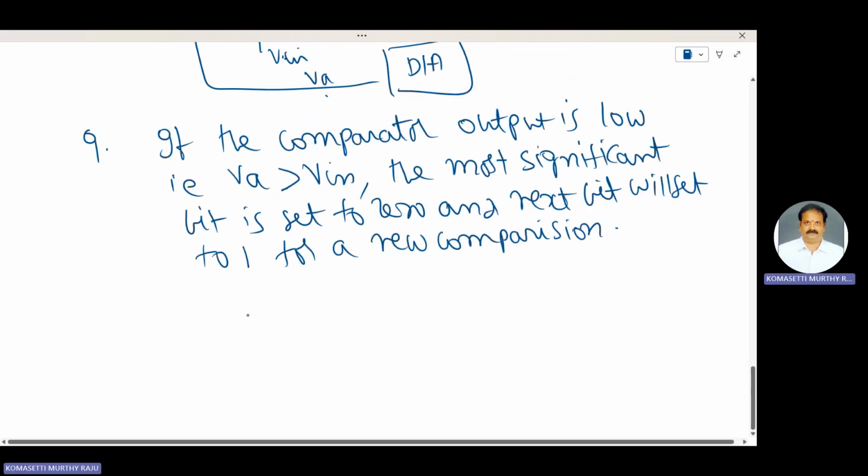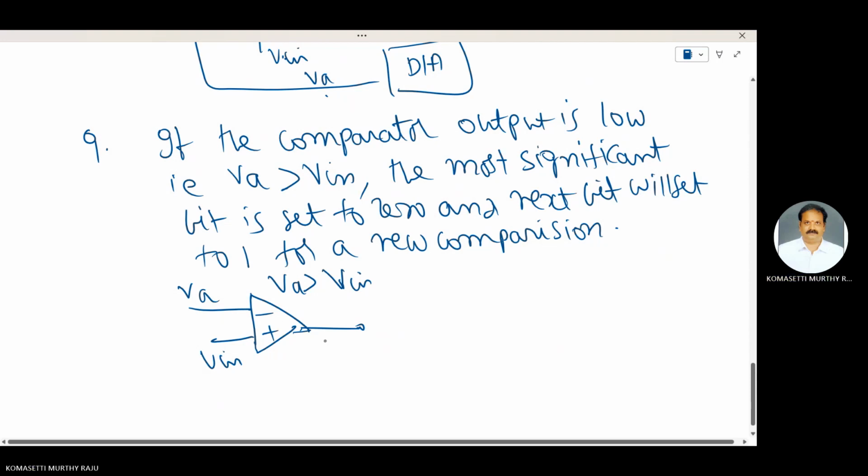This is the comparator. VA is greater than Vin means VA is connected to the inverting terminal of the op-amp, that means a high value, negative value, and Vin is connected to the non-inverting terminal. Therefore, the output of the comparator is set to 0.